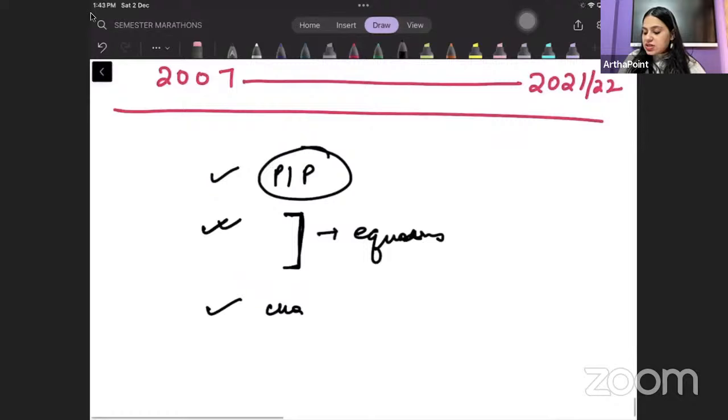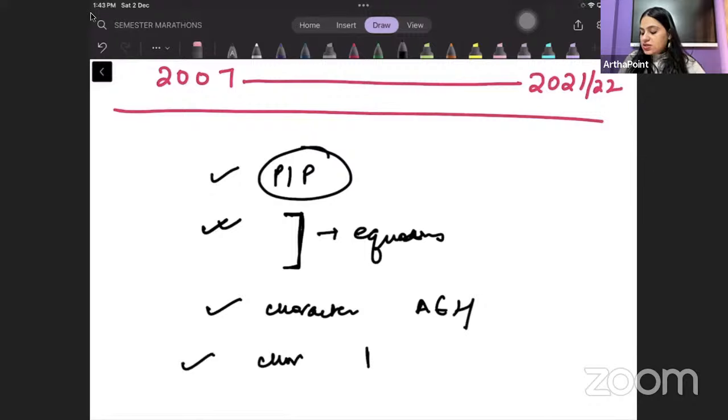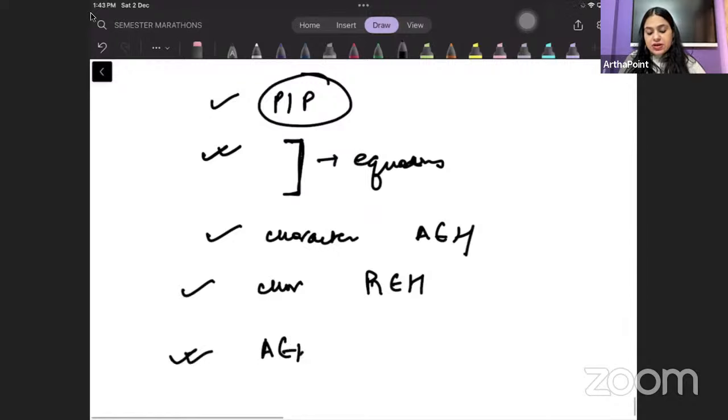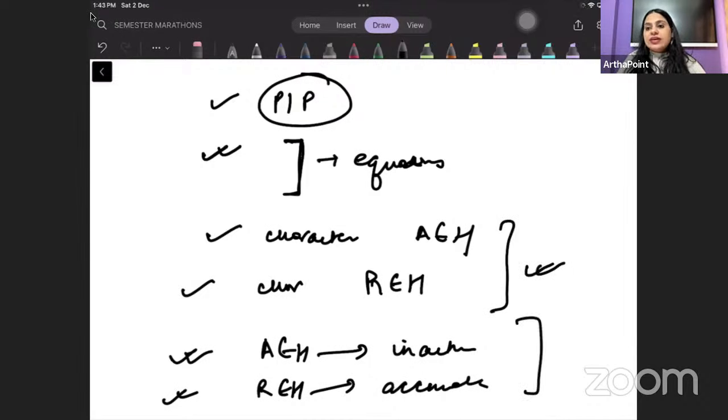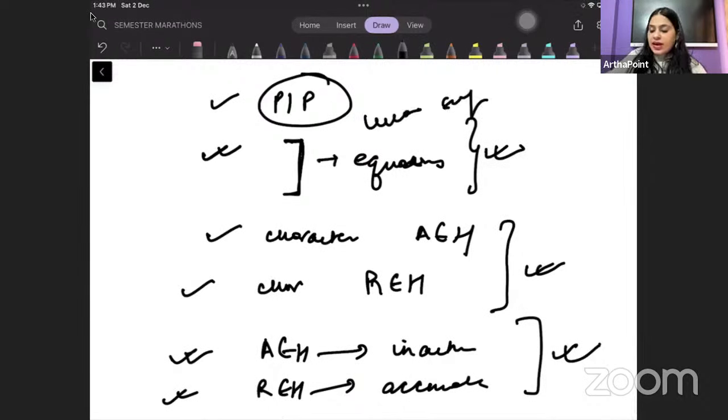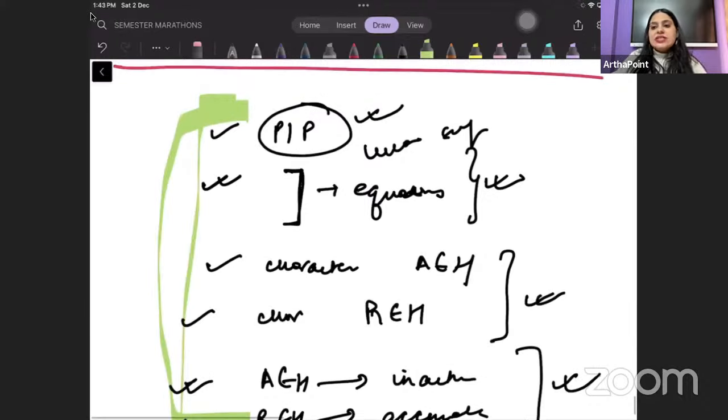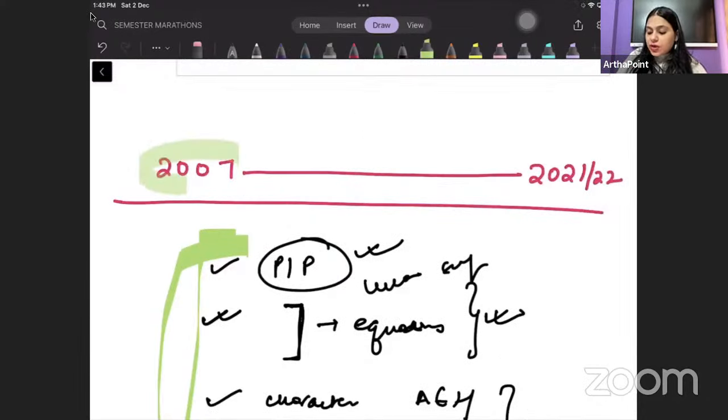They will ask you characteristics of adaptive expectation hypothesis, characteristics of rational expectation hypothesis, why adaptive expectation hypothesis is inaccurate, and why rational expectation hypothesis is accurate. So, इनकी characteristics, इनके criticisms, equation derivation using Lucas supply curve, and policy ineffectiveness proposition. This is all that has been repeated year after year from 2007 to 2022.